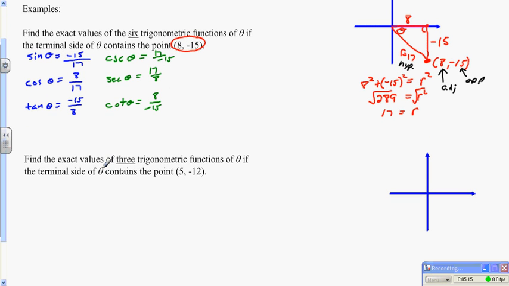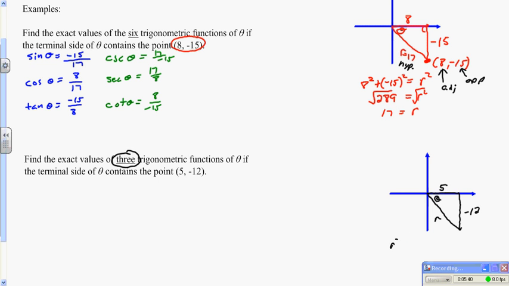Next question, find the exact values of 3 trig functions. Again, any 3 that you would like. Now, 5, negative 12, would still put us in the 4th quadrant. And we're looking for r.